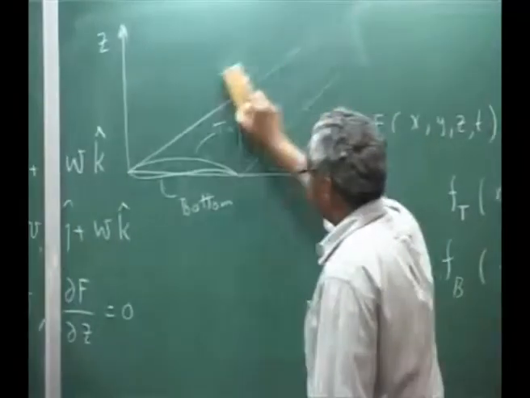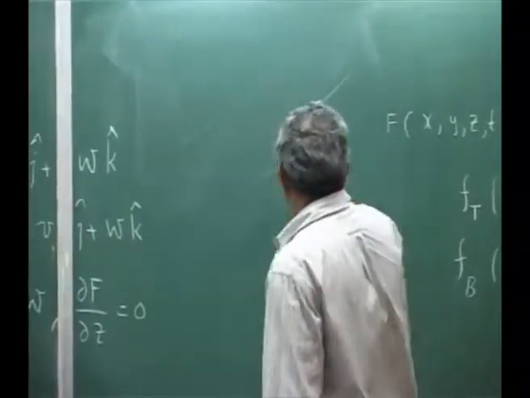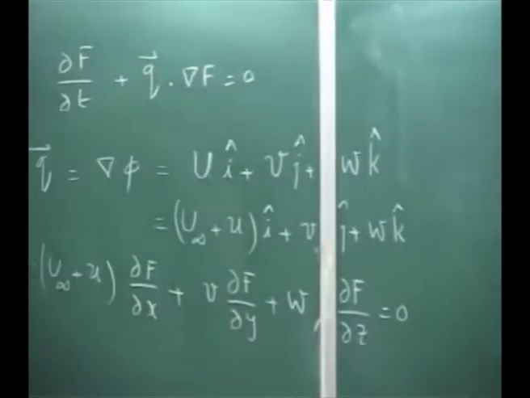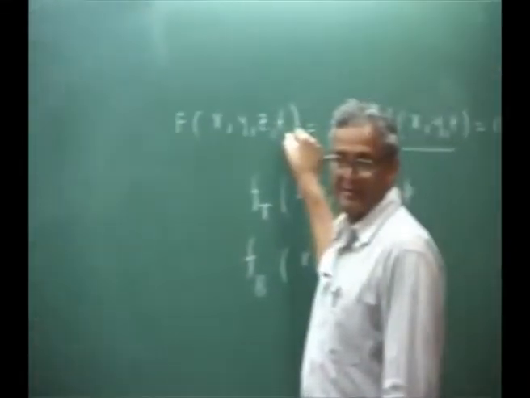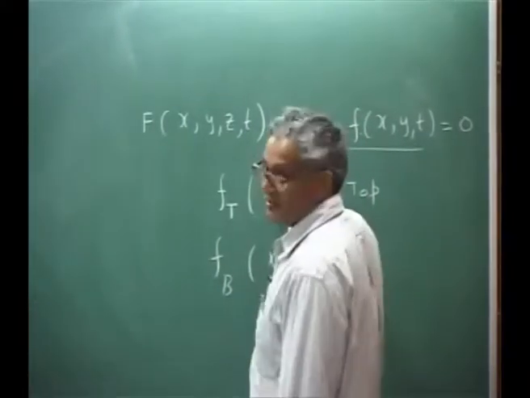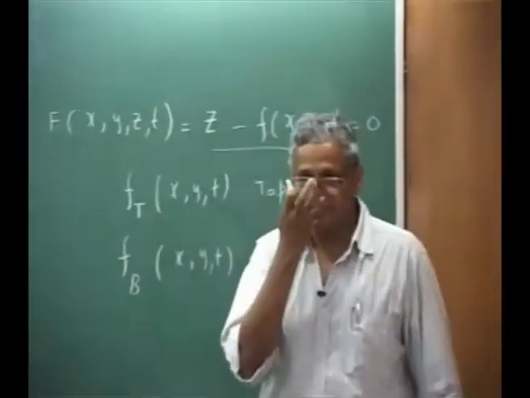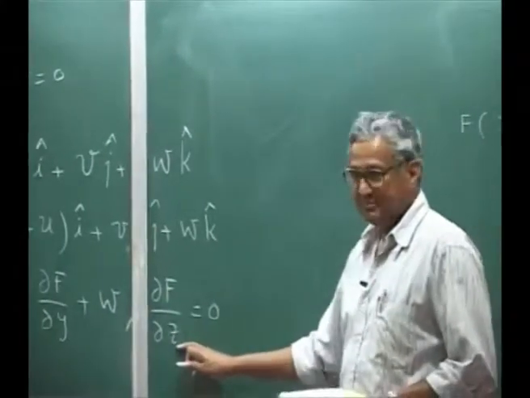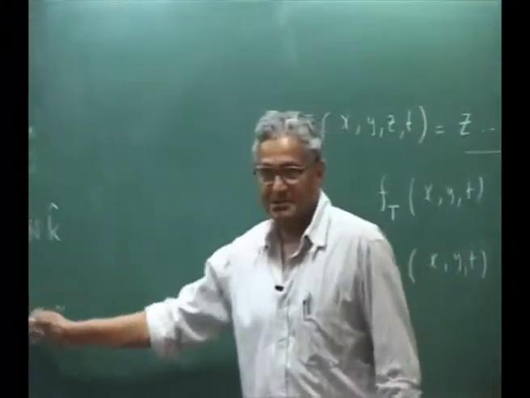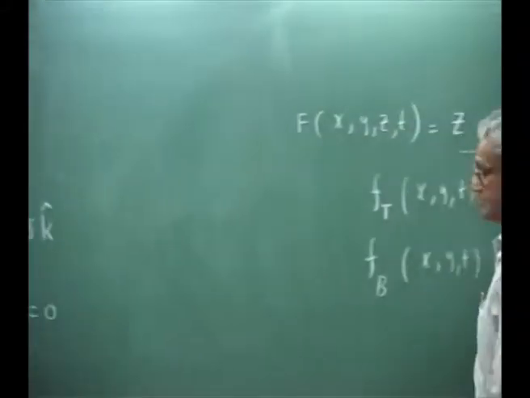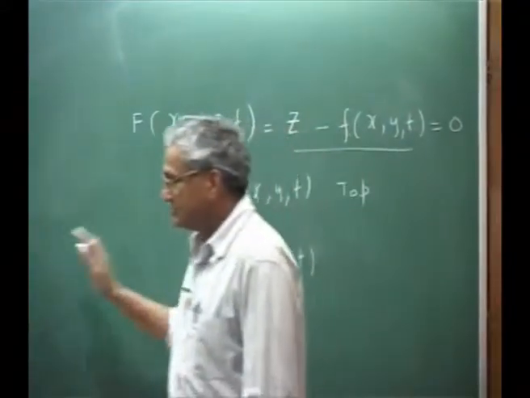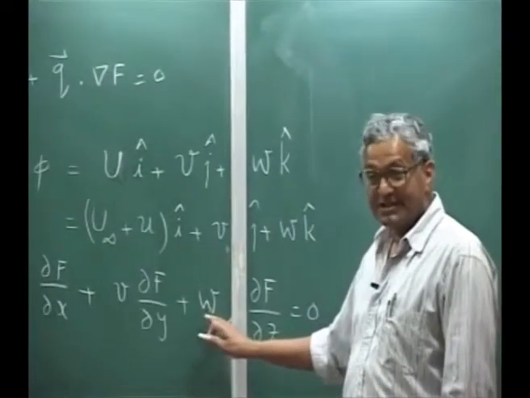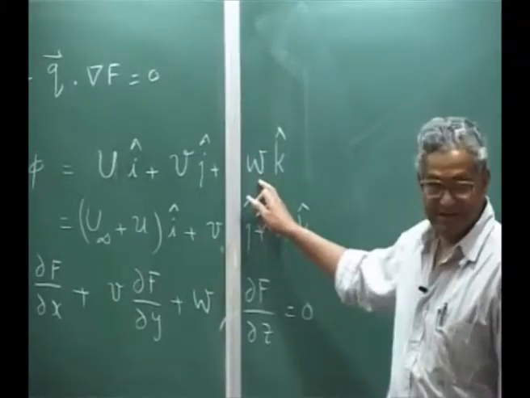Now I am going to substitute for f this expression. Okay. If I substitute this expression, because f is the equation of the surface at any time, then delta f by delta z, because delta z by delta z is 1, and the rest is independent of z, so that is 0, and you will have w, which is actually the flow velocity.